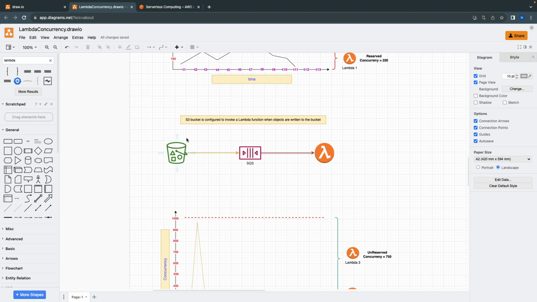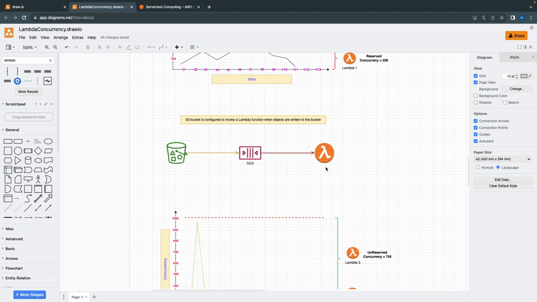But because you placed the files, the Lambda starts to process the events that accumulate in this queue. This happens behind the scenes, and it starts to scale quickly because we have not set any concurrency limit.